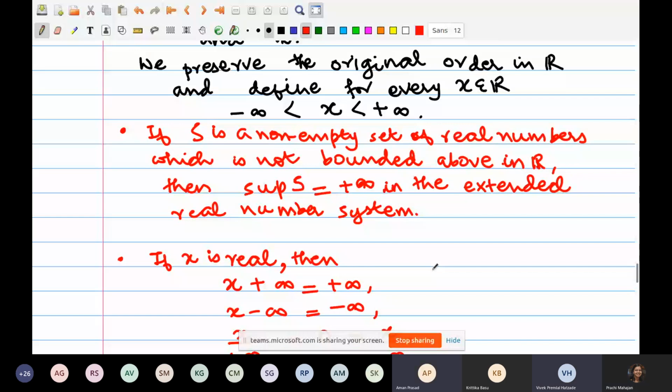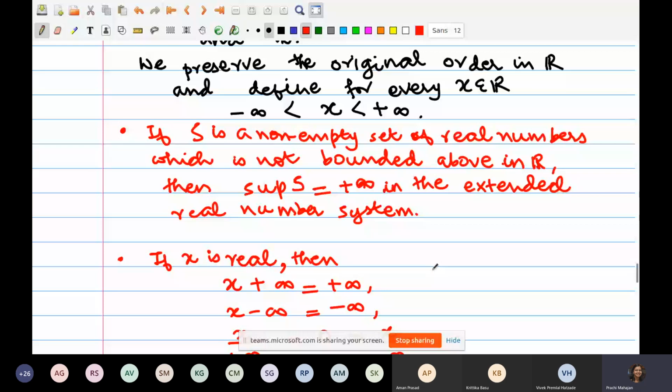Ma'am, if a set does not have a supremum in the real number system and it has a supremum in the extended real system, which is positive infinity, then how is it useful for us? See, all of this is abstract mathematics. I am just saying that we have defined a symbol like this.